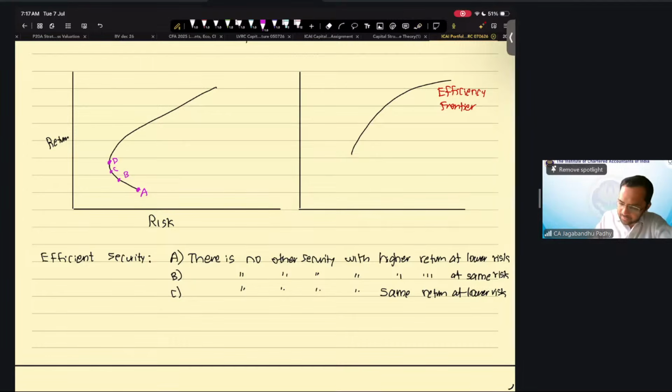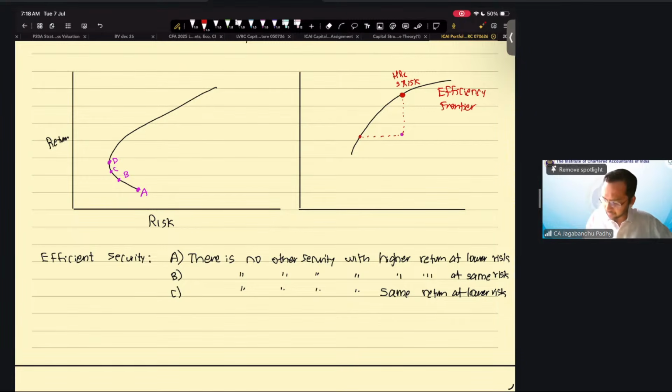Because if you have a security, let's say over here, this security is definitely inefficient because there is another security over here which gives higher return at the same risk.